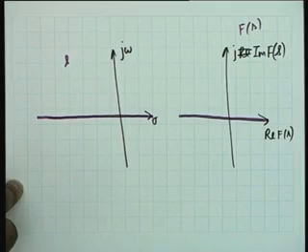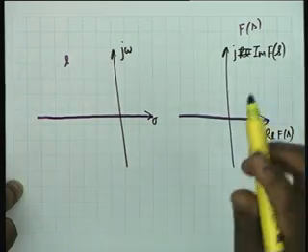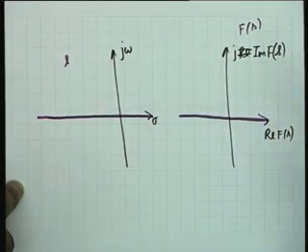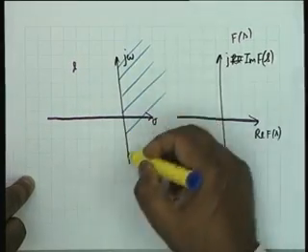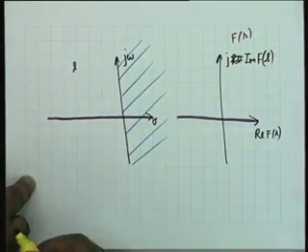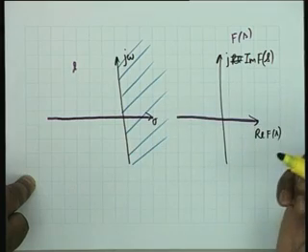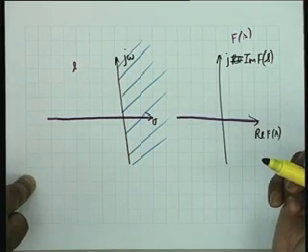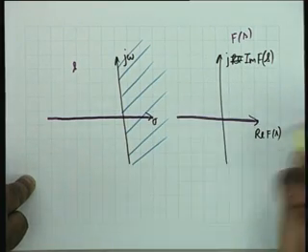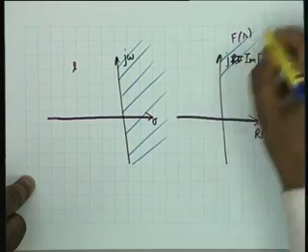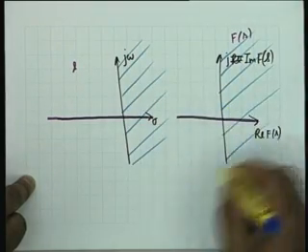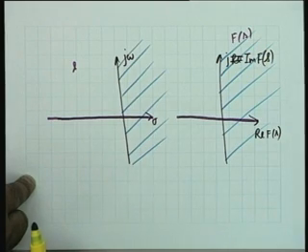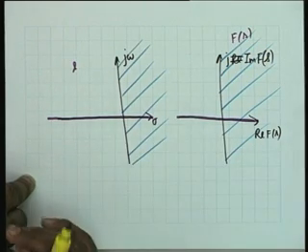And the second part says that if real part of S is non-negative, which means that we take the closed right half S plane, then the real part of f of s should also be non-negative. In other words, the shaded area here maps onto the shaded area in the f of s plane. This is what is meant by mapping.